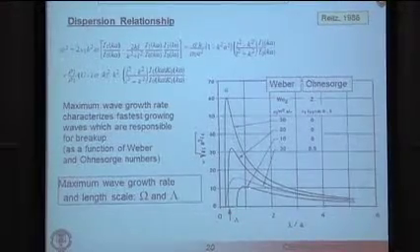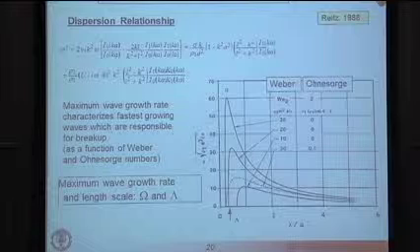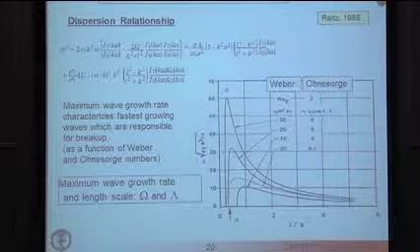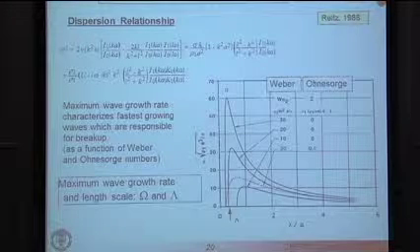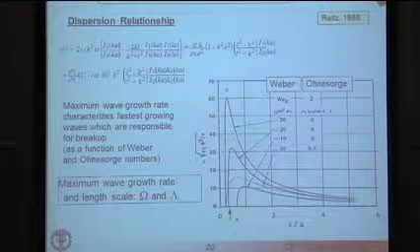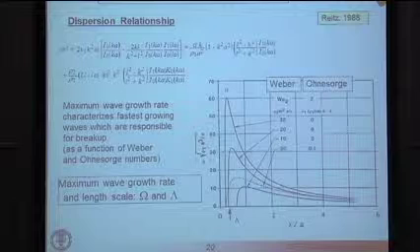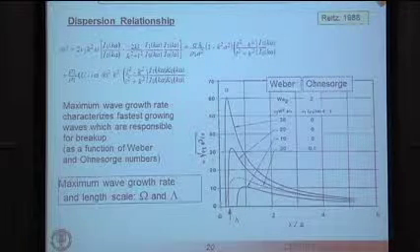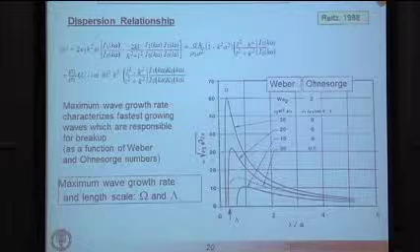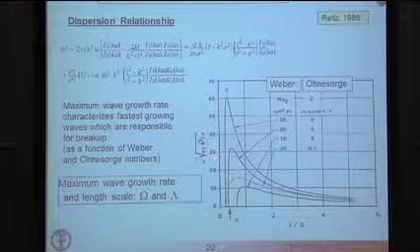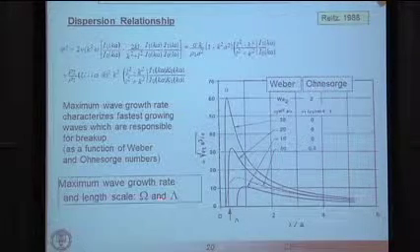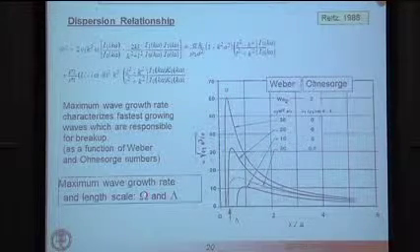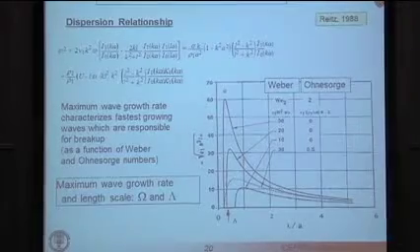And of course, the most unstable wave growth rate increases significantly. So this really explains what we saw before. Very high velocity jets are going to lead to very short wavelength waves that break up very fast. So the linear theory captures many of the aspects that are known for jets. And you can essentially characterize this whole process by looking at this non-dimensional wave growth rate and wavelength.